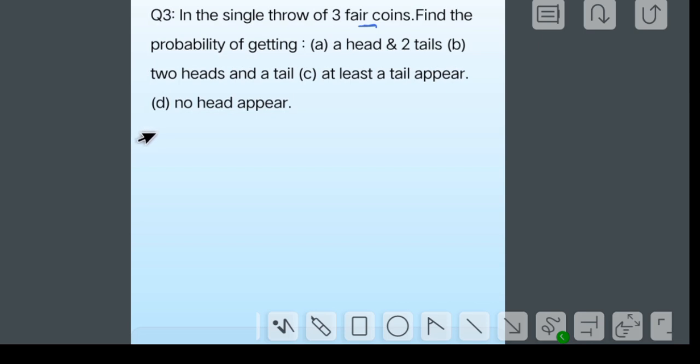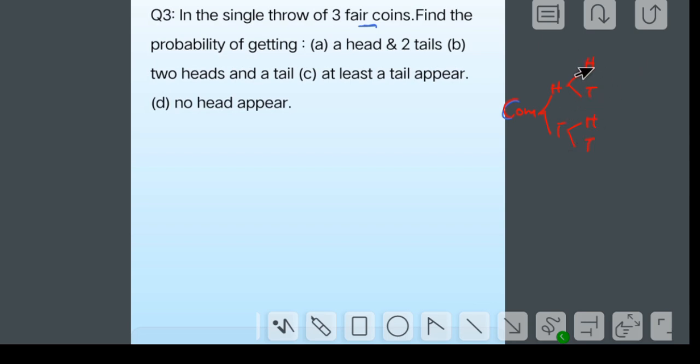The first thing is we need to draw our sample space. I will just draw my sample space over here. Let me use a red ink. Now we have a coin. When you throw, the first throw is either a head or a tail. Then the second throw will be a head and a tail from the head, and then a head and a tail, as I've explained when we are dealing with 2 fair coins.